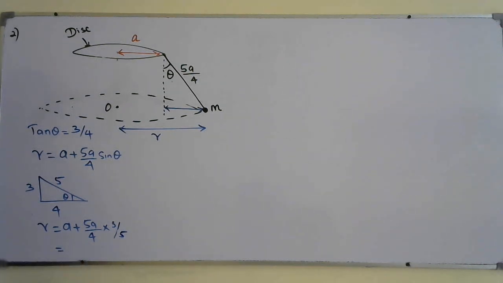So solve it, you will get the answer. That will be 7a by 4. That is the radius. Okay, we found the radius, 7a by 4.